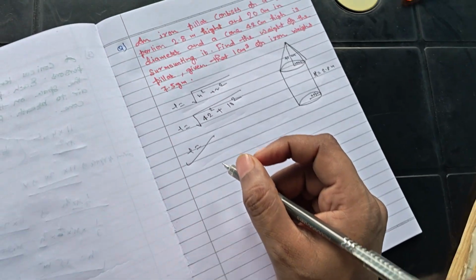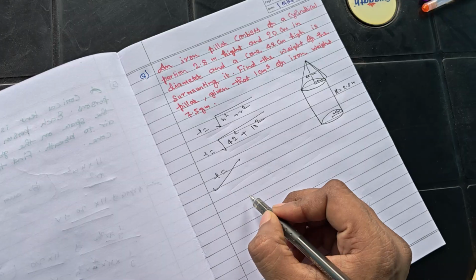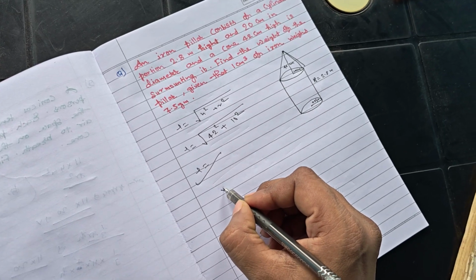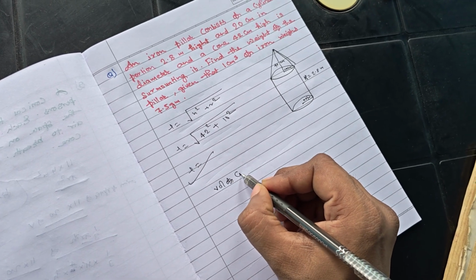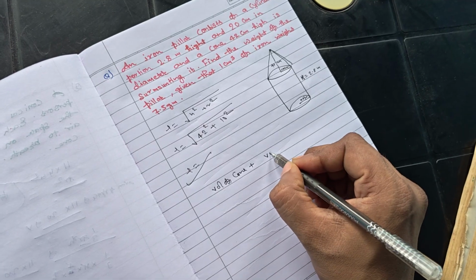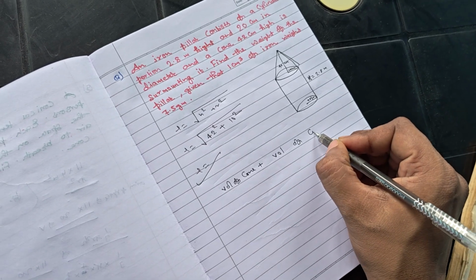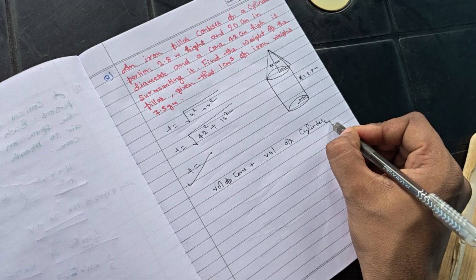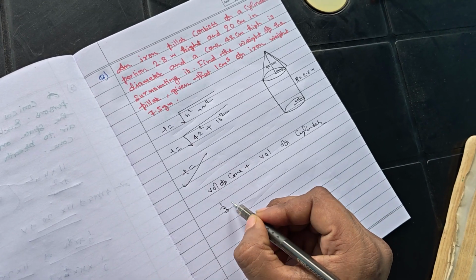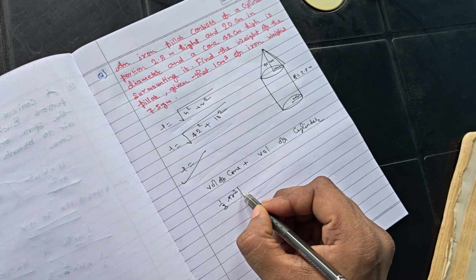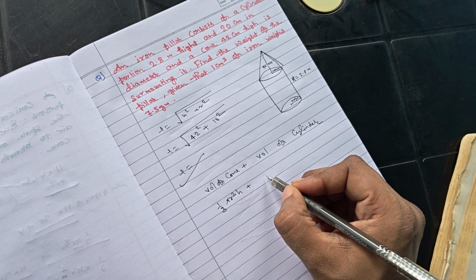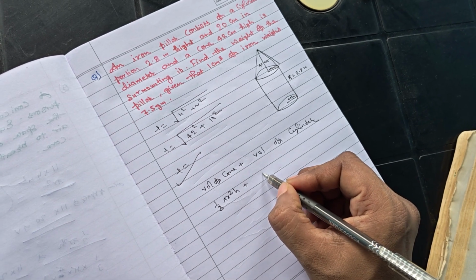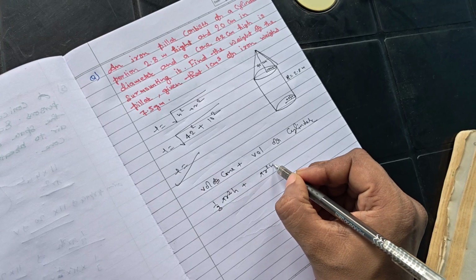we don't need to find out L, because we just need the volume. So volume of cone plus volume of cylinder, and volume of cone is 1 upon 3 pi r square h, and volume of cylinder is pi r square h.